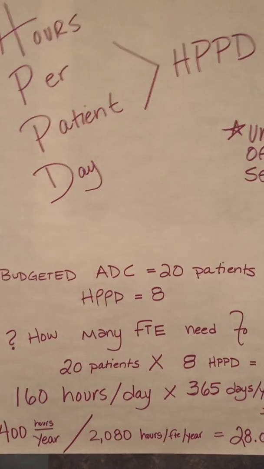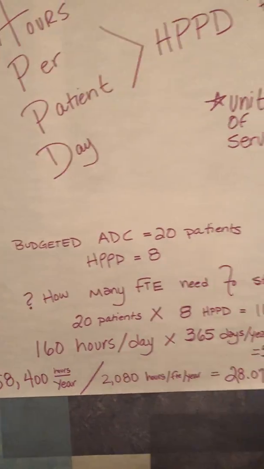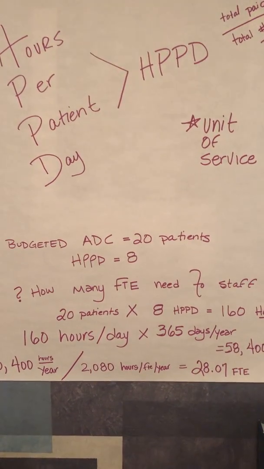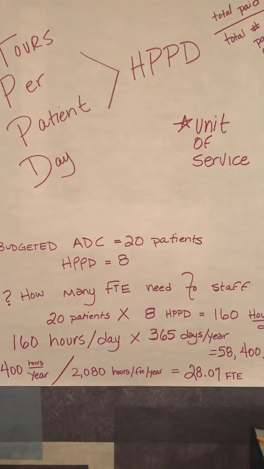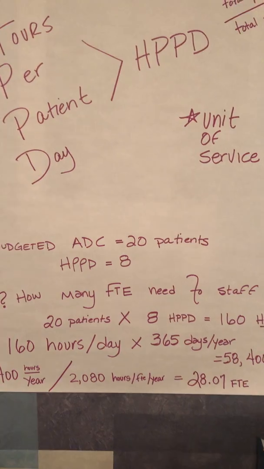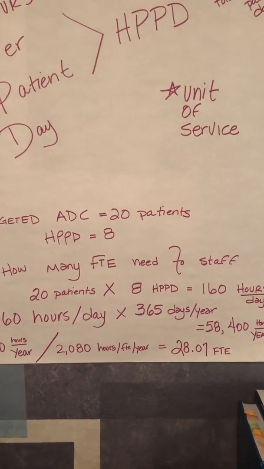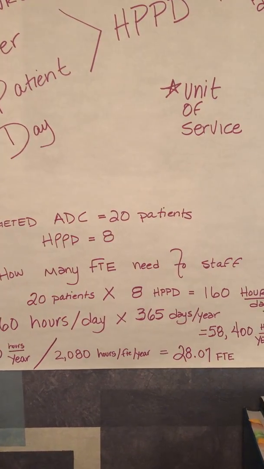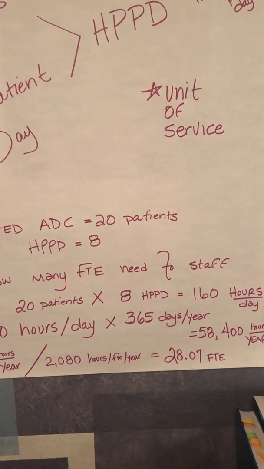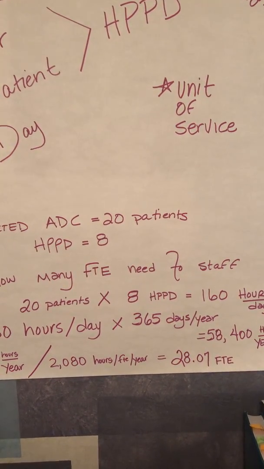So this is obviously a lower acuity unit, and this just kind of figures into how you figure out the FTEs that you need to staff. You would take those 20 patients and multiply those by 8 hours per patient day, which would give you a grand total of 160 hours of patient care delivery a day for those 20 patients.